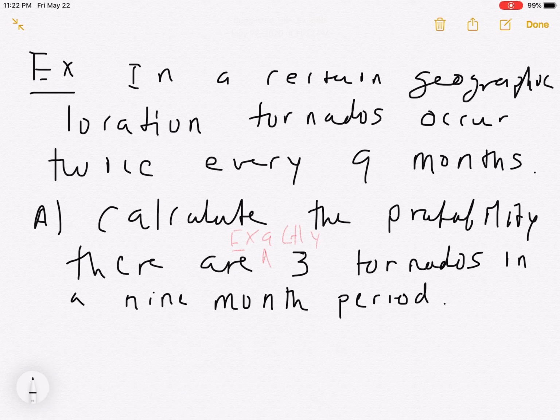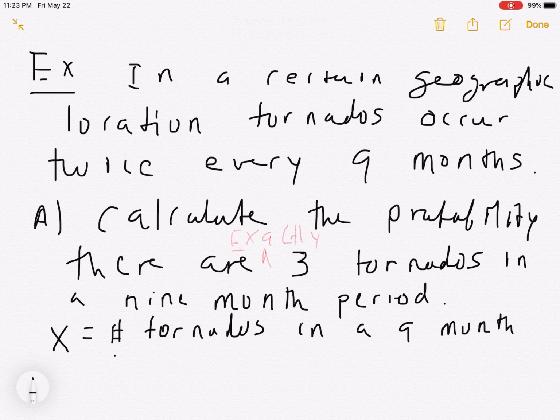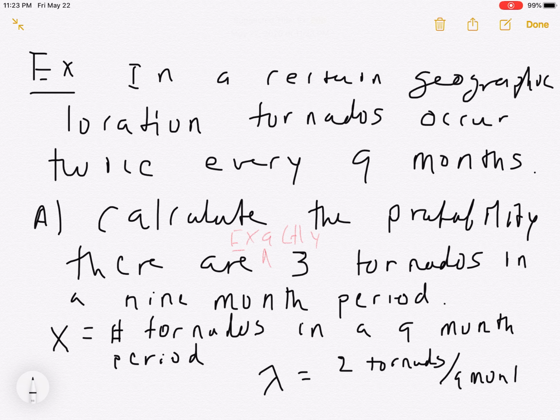In order to answer this, I'm just going to write down my random variable X. This is going to be the number of tornadoes in a 9-month period. And I'm going to write down the value of lambda. Lambda is going to be 2 tornadoes per 9 months.